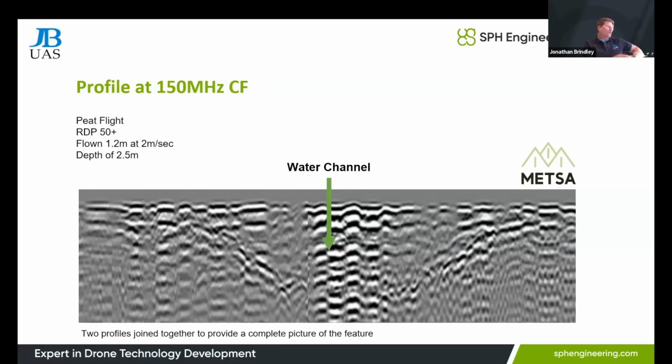But overall, with the RDP, the relative dielectric permittivity of the soil, let's just say it's called that, there's other things involved, but just say conductivity of the material, peat in this case, which is above 50 in most cases, the performance of the LFGPR in this particular case has been really pleasing.